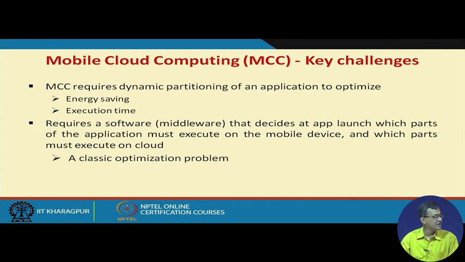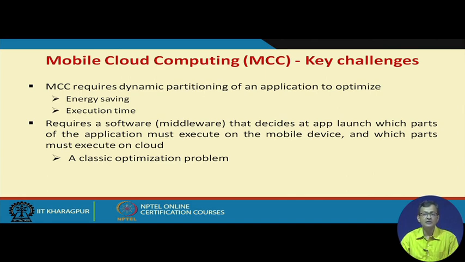It also requires software or middleware that decides, at app launch, which parts of the application will be executed locally and which parts remotely or in the cloud. So, it is a classic optimization problem.